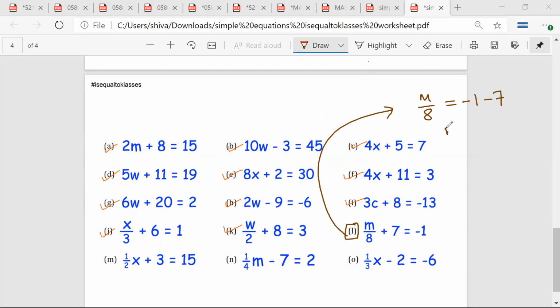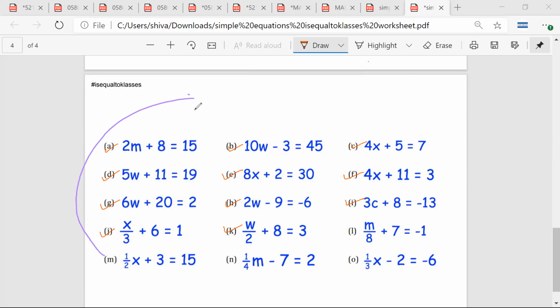Shabash. So m by 8 is equal to minus 8. Then what should I do? Then you have to multiply it by 8. So the answer is minus 64. Shabash, shabash. Just have a look at the equation and figure out what you are trying to eliminate. And to eliminate that, do you need to add, subtract, multiply, or divide? That is all that you need to decide. It is not very difficult.